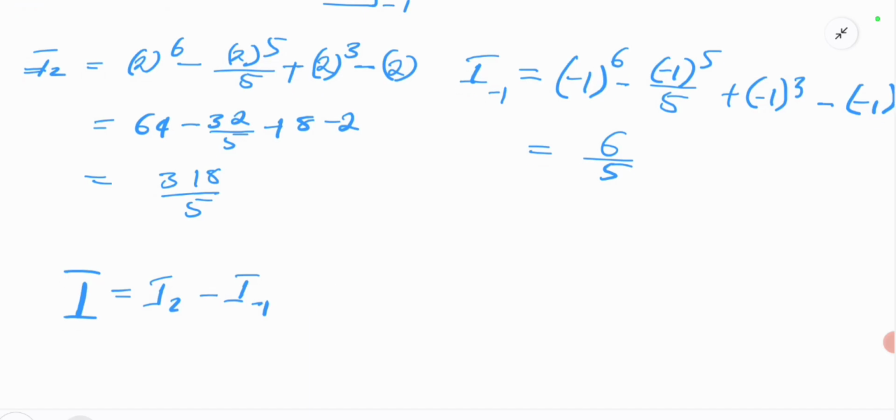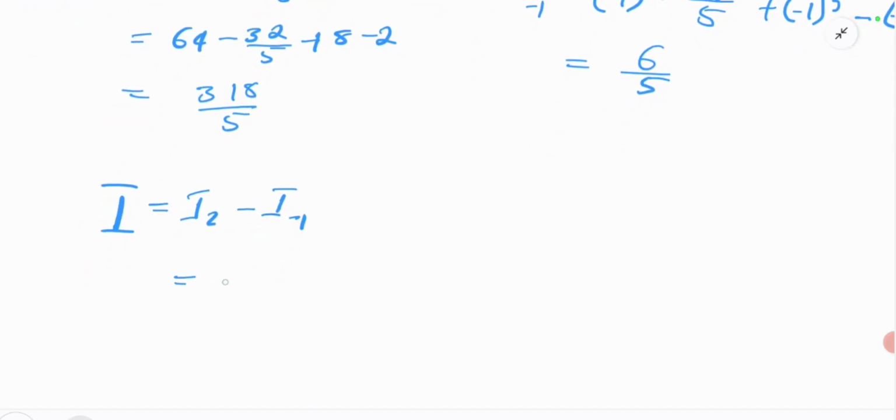So what will this give us? We're going to get 318 over 5 minus 6 over 5.